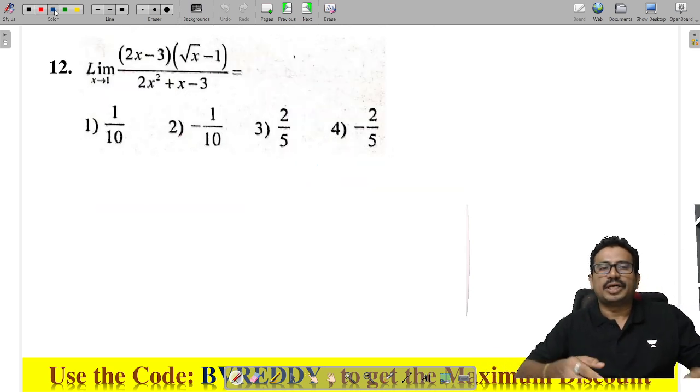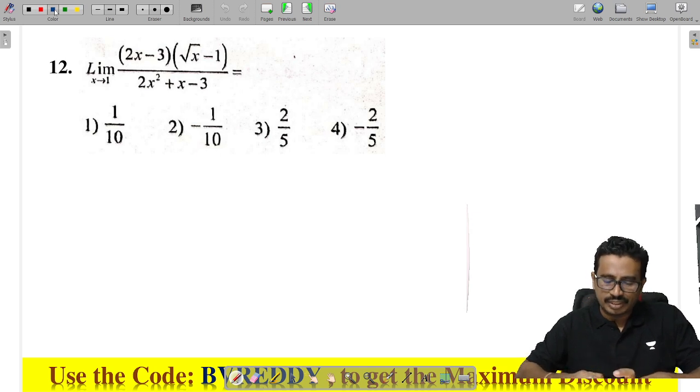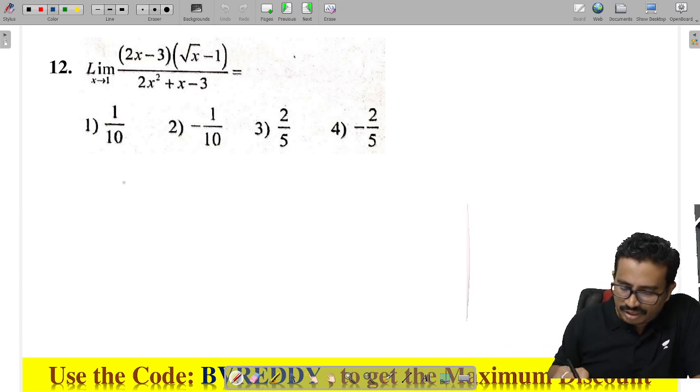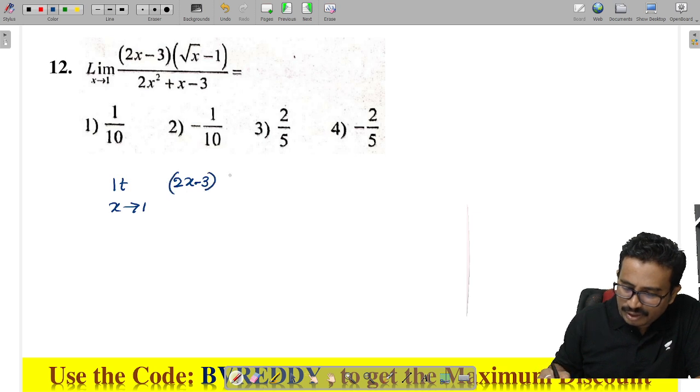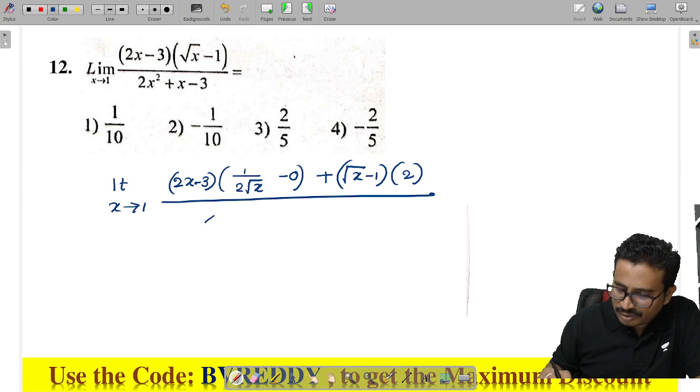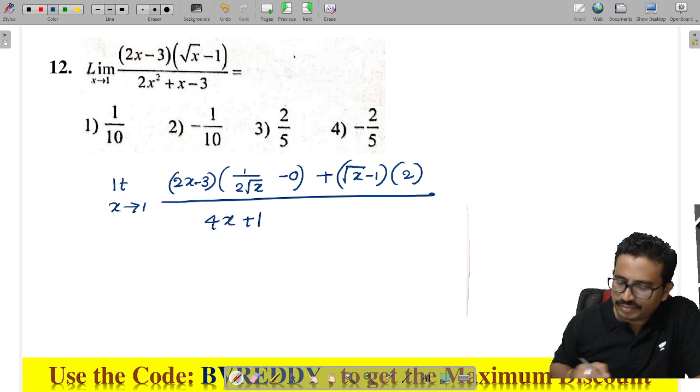Next. Now if I substitute directly 1, here also we'll get 0 by 0 form. So we'll go for L'Hospital rule. Limit x tends to 1, which is 2x minus 3 into root x, that is 1 by 2 root x, plus root x minus 1 into 2, by denominator 4x plus 1.